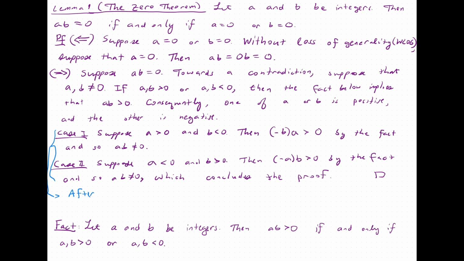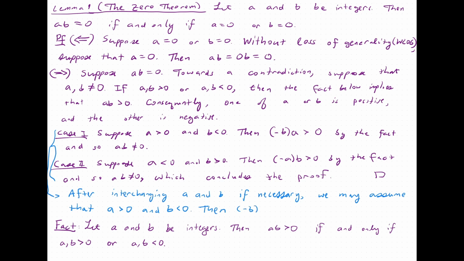So after interchanging A and B, if necessary, we may assume that A is positive and B is negative. And then we can then do the same exact argument that we did.